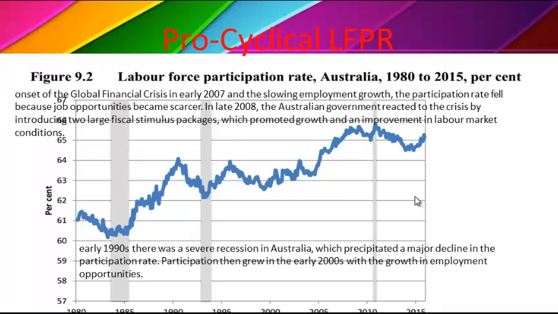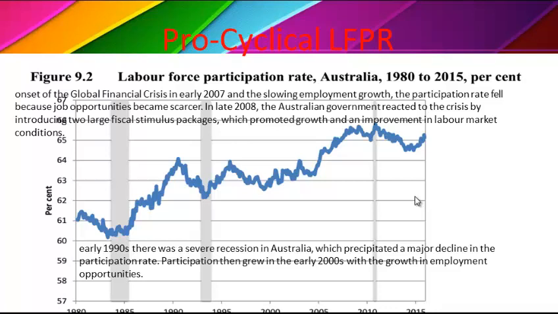Then there was a small crash in 1995, which led to a decline in the labor force participation. And then generally things went up until about the global financial crisis, at which point the labor force participation ratio became flat and went down later on.